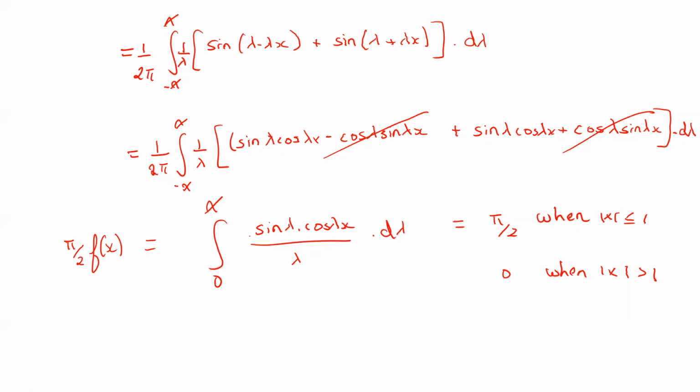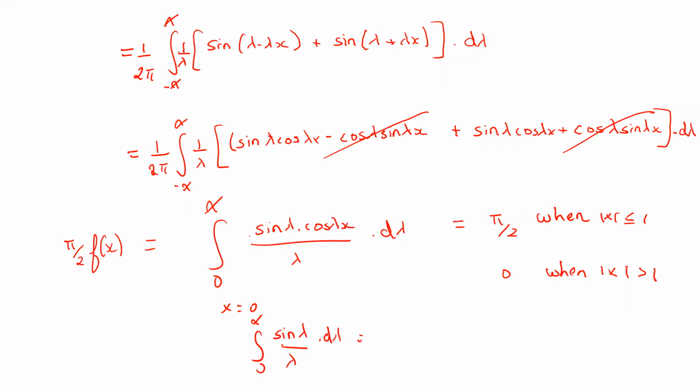On putting x equal to 0, the cos term becomes cos 0, which is 1, and what remains is sine lambda by lambda, from 0 to infinity.